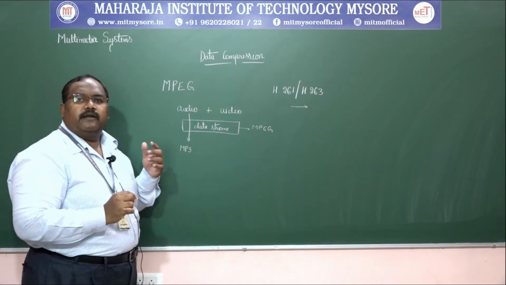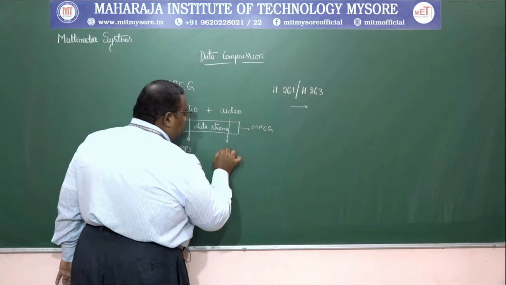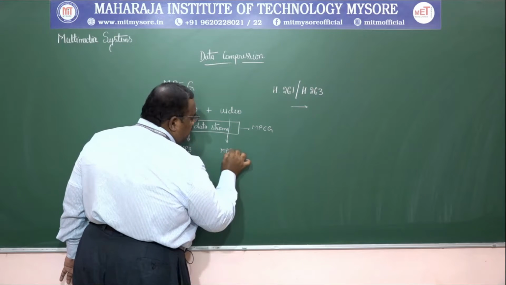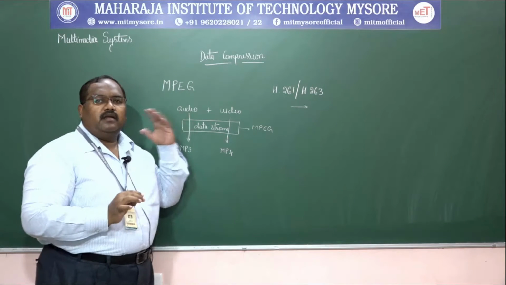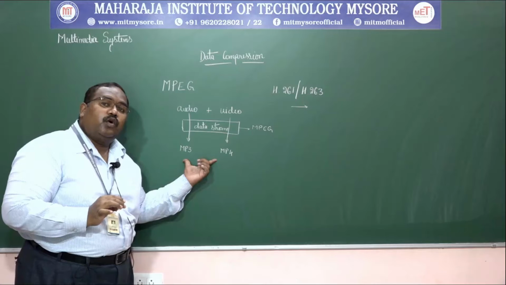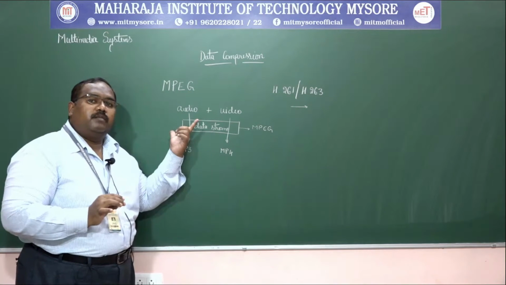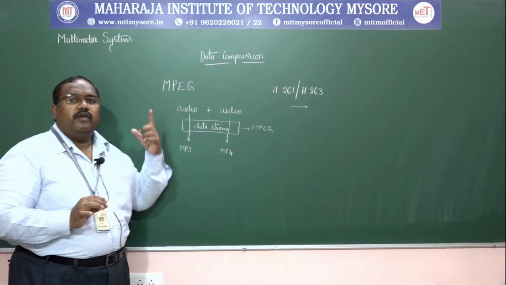This is very important. Whereas the video needs to be compressed into MP4 format or MPEG formats. So whatever the format is, we need to concentrate on two kinds of component compression: one is the audio, and the second one is the video component.